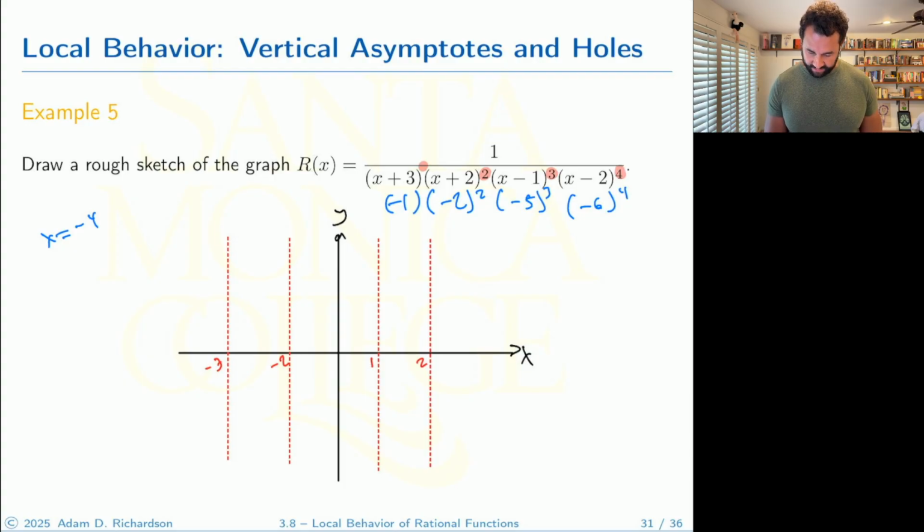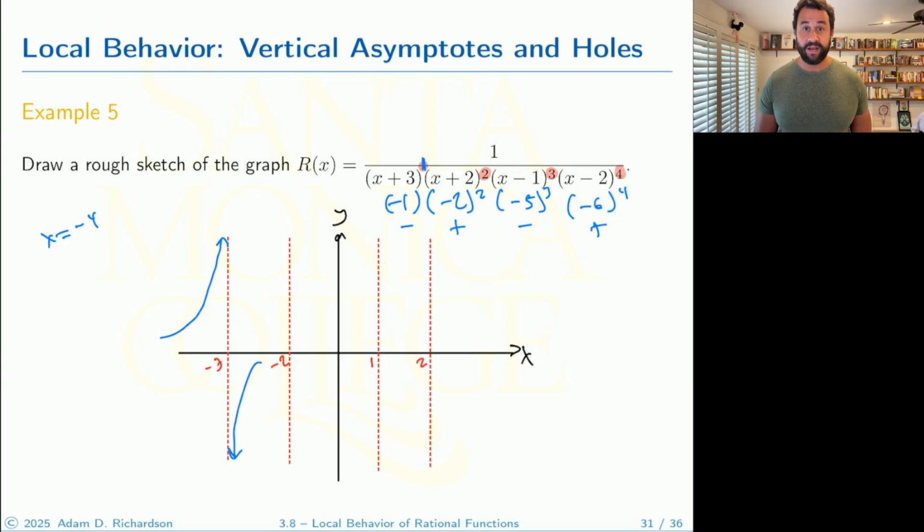So we have negative, positive, negative, positive. Negative times a negative is a positive, positive times a positive is a positive, so it's positive. So the graph is going to look like this on this side. And since the multiplicity is 1, it's got to go like this at the bottom.